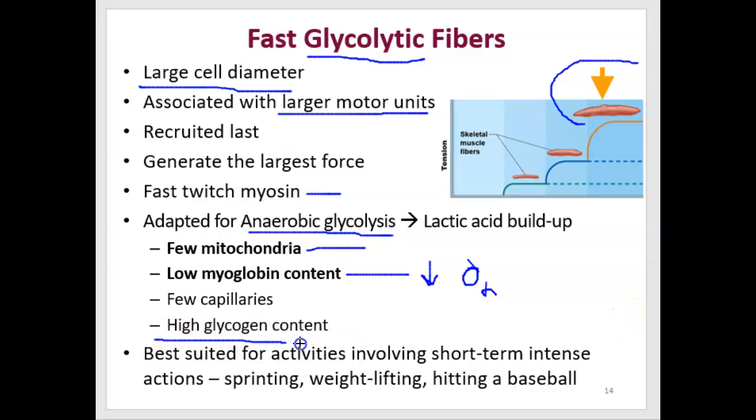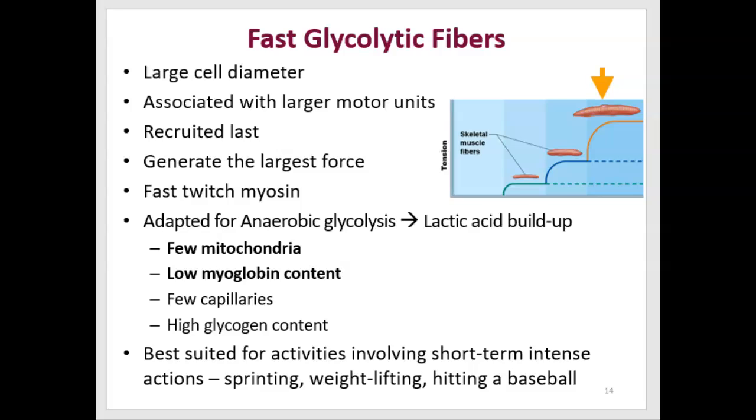So they have a high glycogen content though. I guess that compensates a little bit. They can do glycolysis frequently. And these are best suited for activities that involve short-term intense actions like sprinting, weightlifting, maybe not sustaining the weight, but getting the weight to the point where you want to hold it, hitting a baseball.